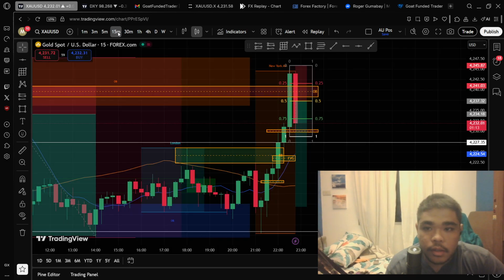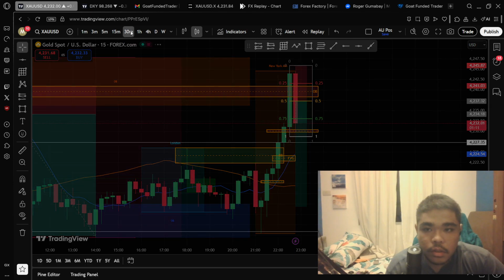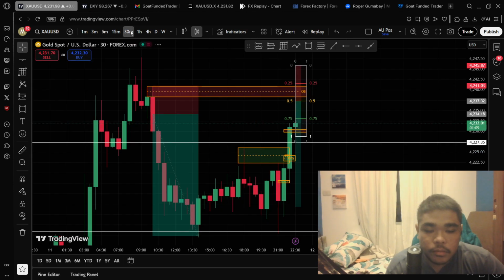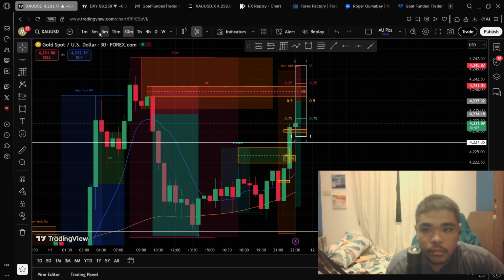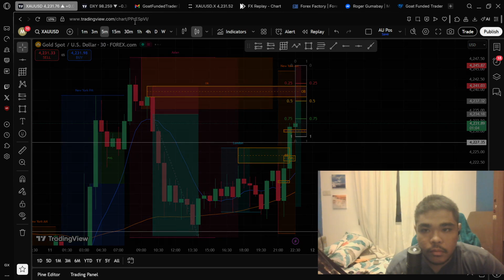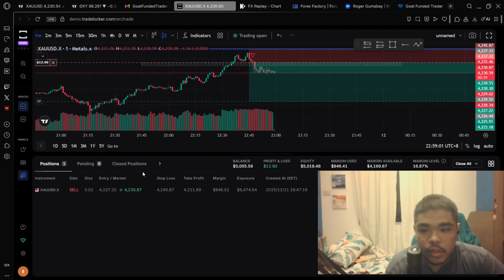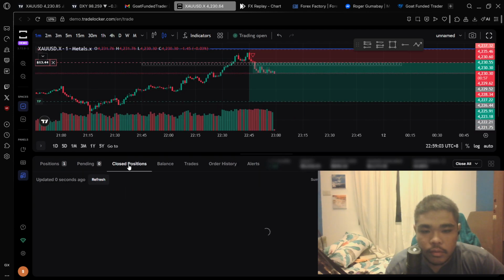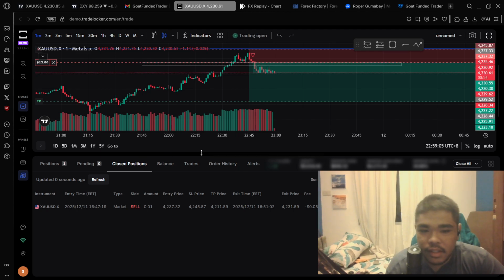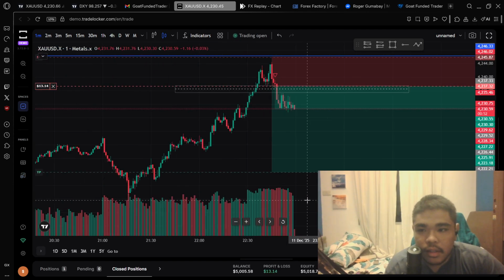One minute for this 30-minute candle to close. We've only closed 5.73. Not that good, but not that bad as well.